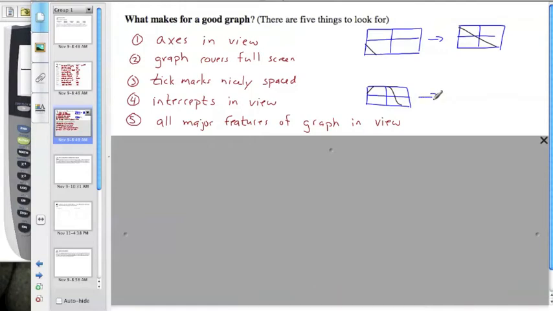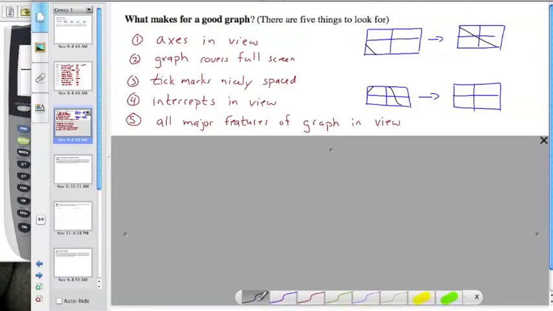So I would change my window so that instead of seeing only pieces of it, I'm able to see the whole graph. Again, we're going to talk about how we fix this stuff. But these are the 5 things that make a good graph. So it's important that you understand this checklist here.